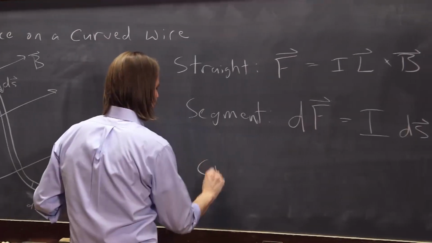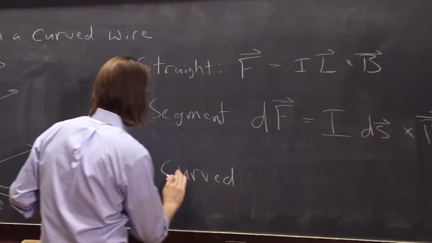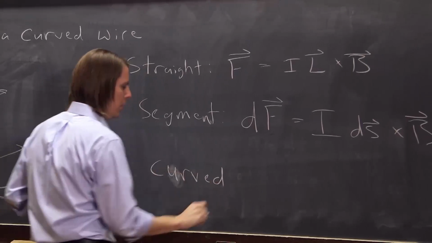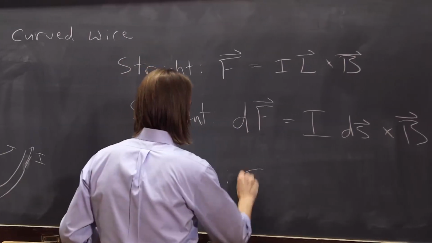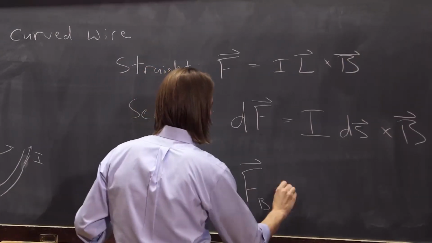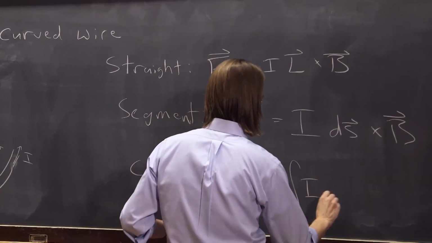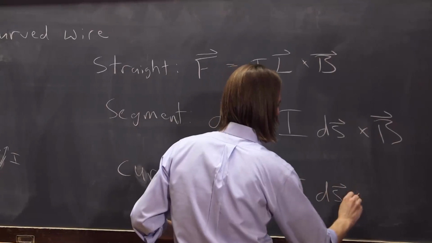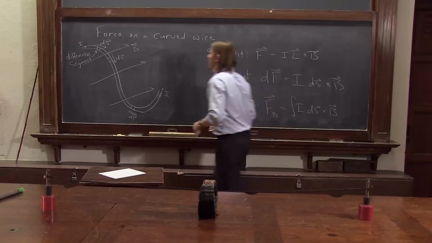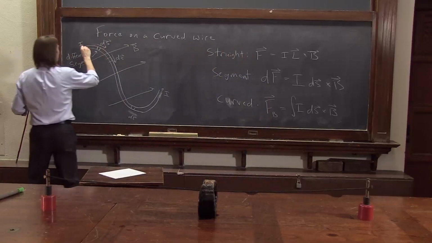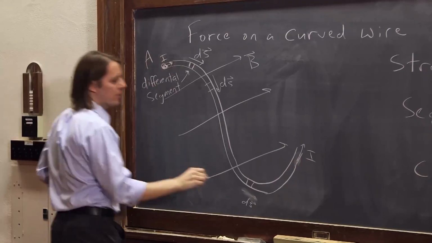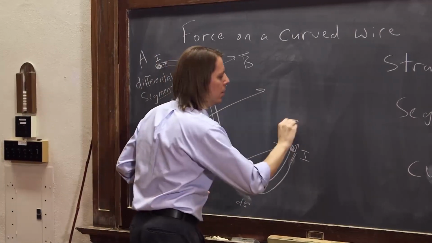So let's say for a curved wire, then we just integrate to get the total force, F_B, and it would be the integral of I ds cross B, and we have to say from where to where. Well, we could start here and go here.